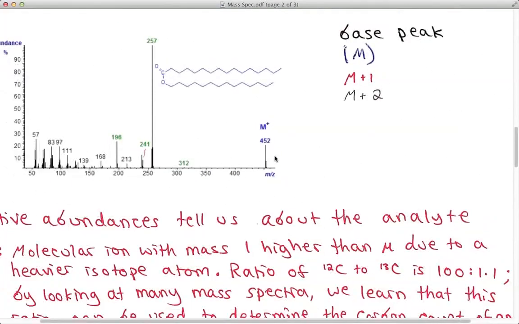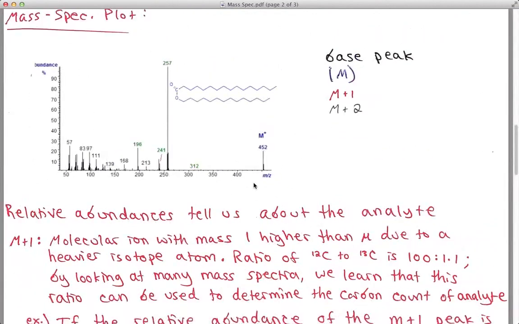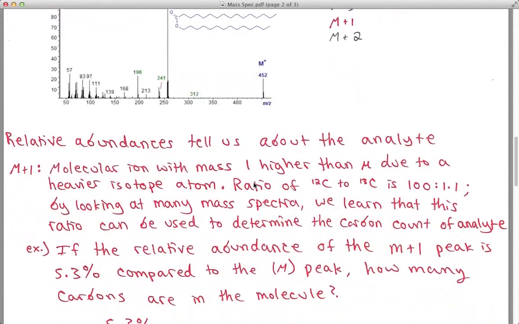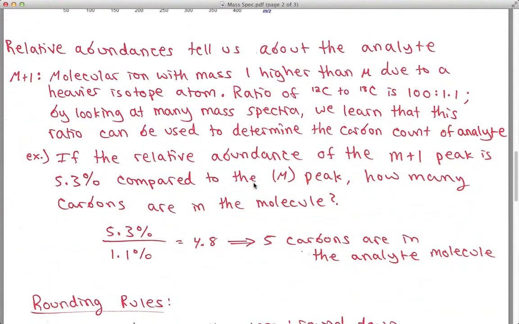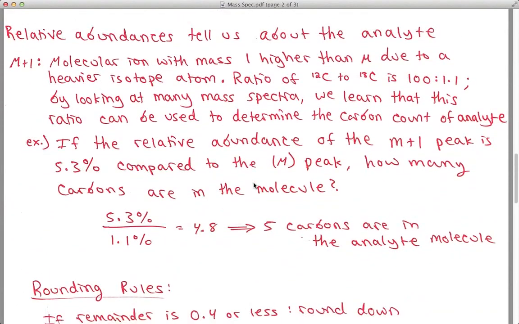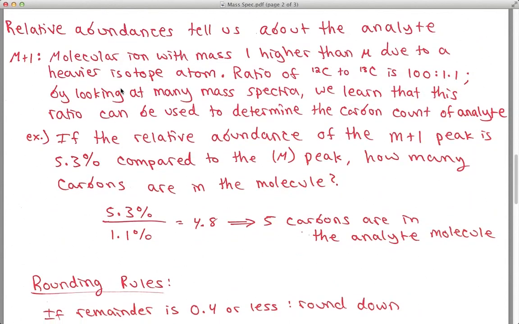But in an example we'd be given in class, this would likely either be blown up or augmented with a table that would tell you exactly where M plus 1 and M plus 2 lie on the relative abundance scale. But relative abundances are basically the heart and soul of why we do mass spec. Relative abundances tell us how different parts of the molecule relate to each other, and from that information we can draw conclusions on exactly what the molecule is.